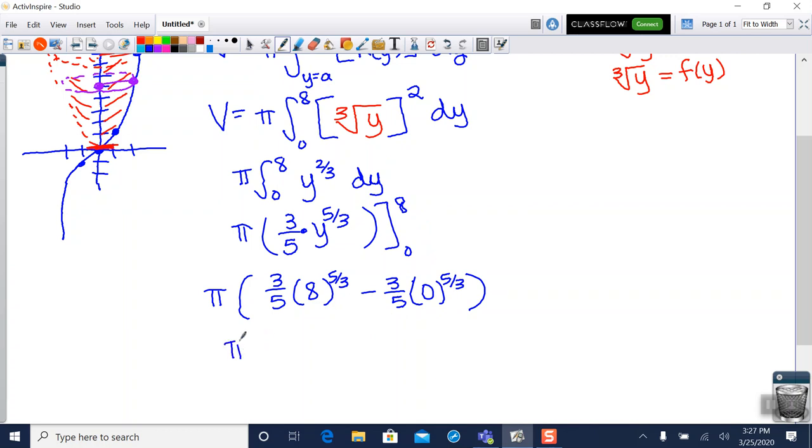So when we do that, that's pi times the cube root of 8, which is 2, and 2 to the 5th is 32, so this is 3/5 times 32 minus 0. So this is 32 times 3, which is 96 pi over 5. Okay?